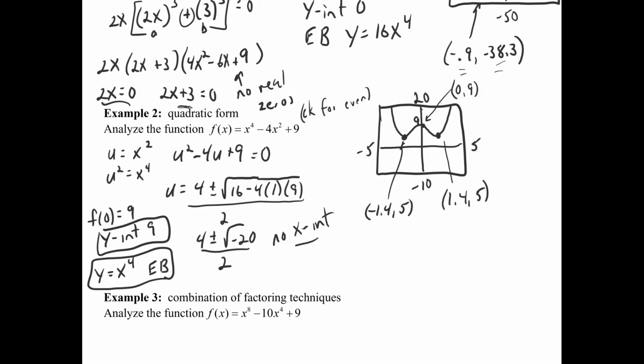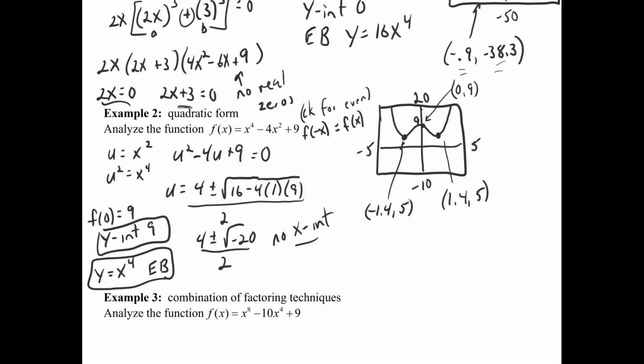We don't really need to do this, but it's a good idea to connect this and understand that, when we look at the graph, it looks even. We look at the equation, it may not look even, but it actually is, because f of negative x is the same thing as f of x, because the negatives would just square away. There would be no negatives left, so you would have the exact same thing. So this is of course an even function once you think of it that way.